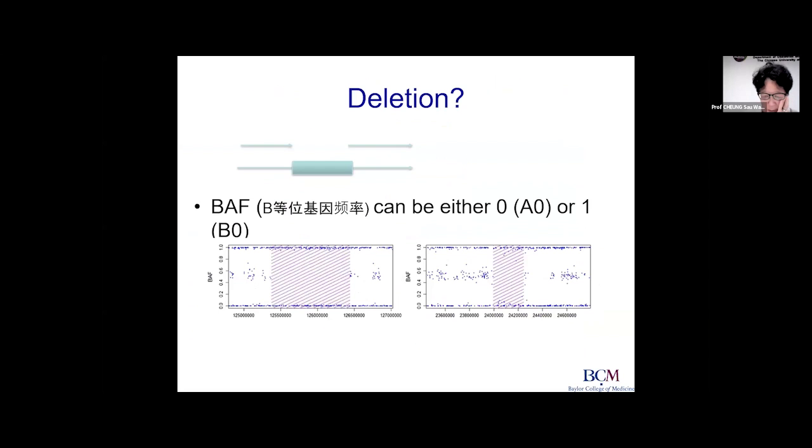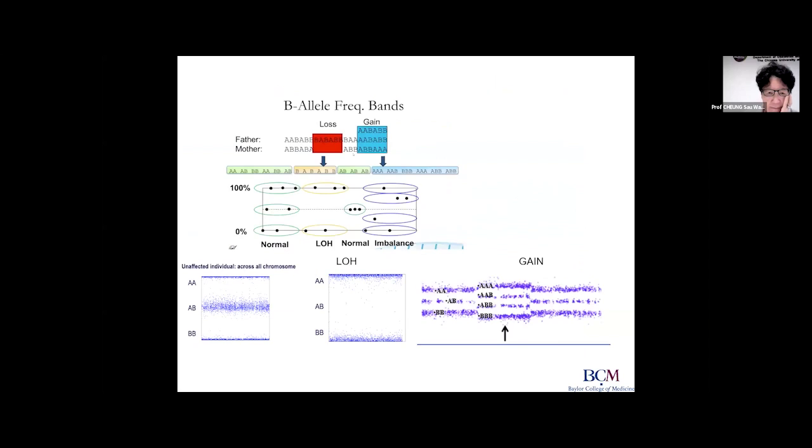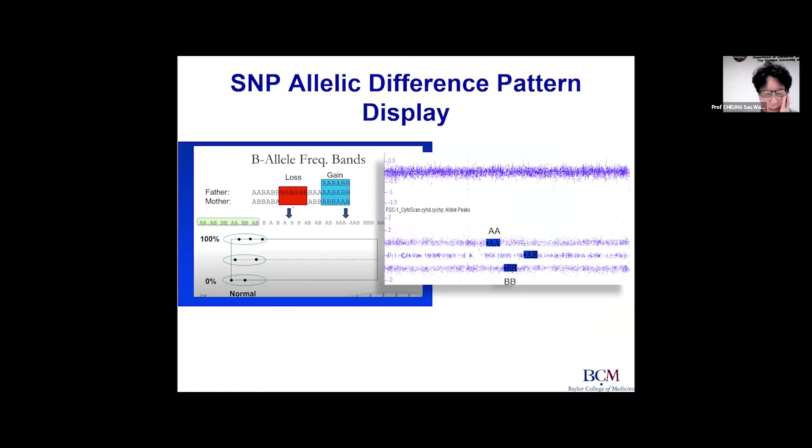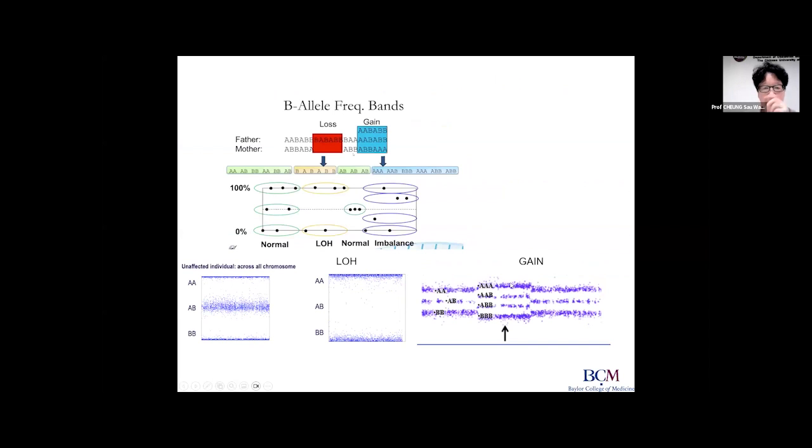So the way it reads is that this is the array plot, the CMA plot. So it's normal. And in here is the SNP plot, the allele frequency plot. So this is the AA, this is the AB, and this is the BB. So in a normal individual, you would have AA, AB, and BB.